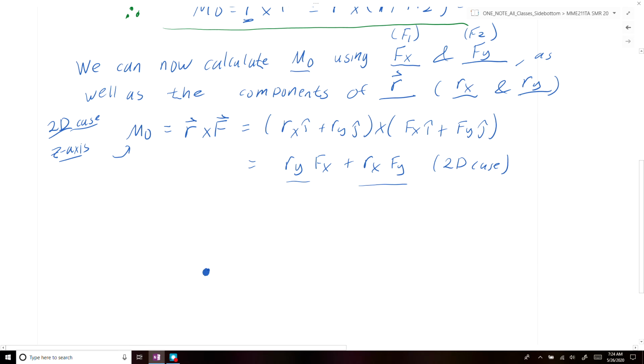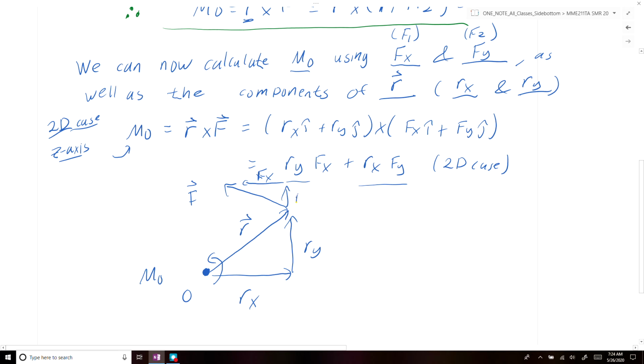If we were trying to find the moment about point O, and we had a position vector r, which would have an x component and a y component, and then our force vector F, which would also have an x component and a y component, these could be positive or negative depending on which directions your forces are acting.